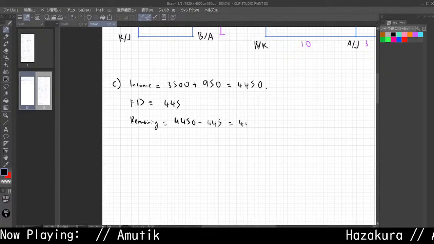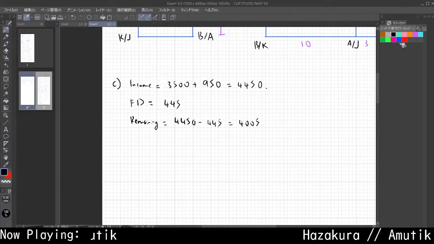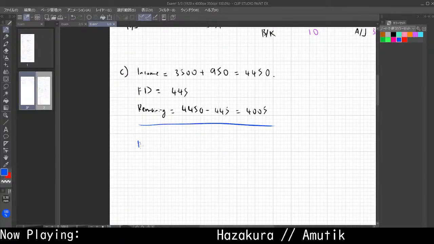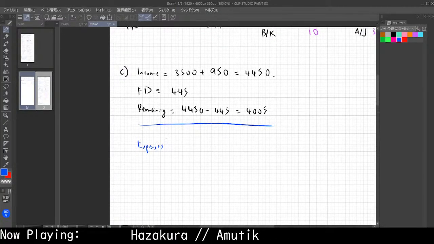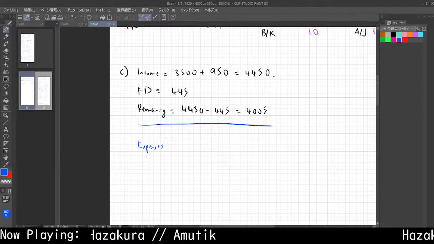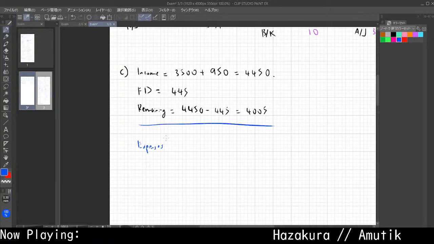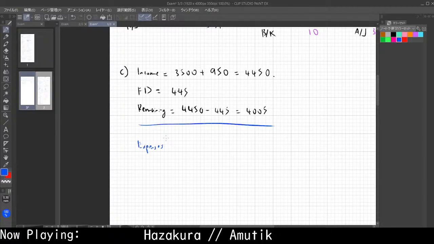She will get 4,005. Okay, next part, the expenses. So her expenses, you just take everything and add together. You don't really have to separate it between fixed and variable. I don't know why you are supposed to do so. I don't think you need to.